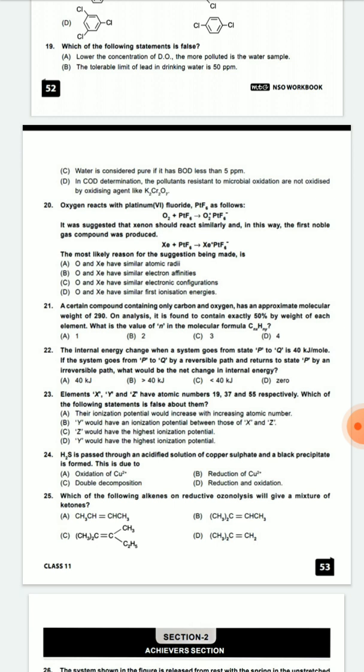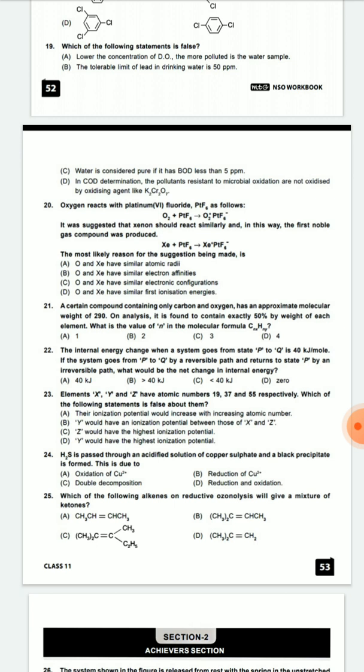We need to observe that it contains exactly 50% by weight of each element. So we need to work out the molecular formula. Option C will be the correct answer, that is 3.